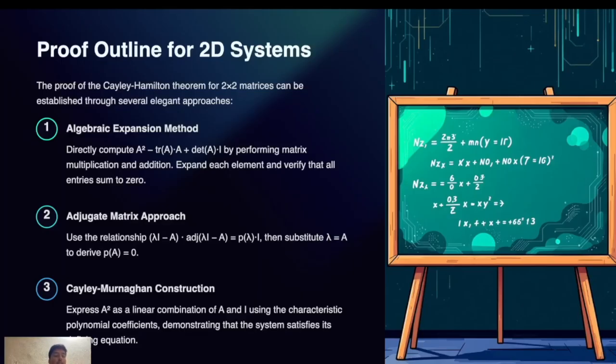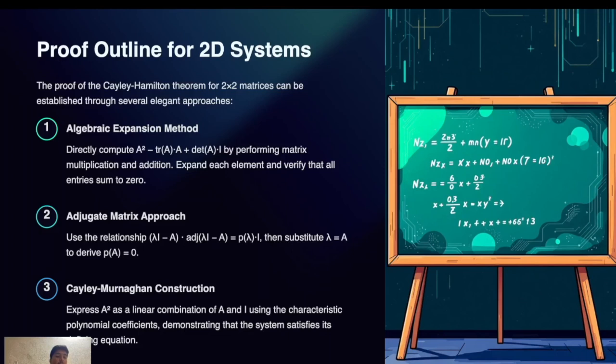And now on to the proof outline for 2D systems. The proof of the Cayley-Hamilton theorem for 2 by 2 matrices can be established through several elegant approaches like the algebraic expansion method, the adjugate matrix approach, and the Cayley-Hamilton construction. In the algebraic expansion method, we directly compute the equation by performing matrix multiplication and addition.